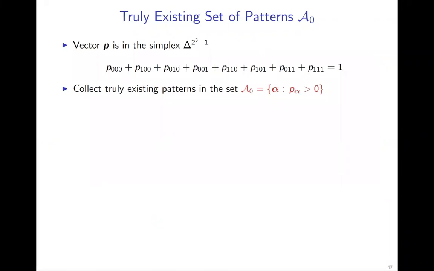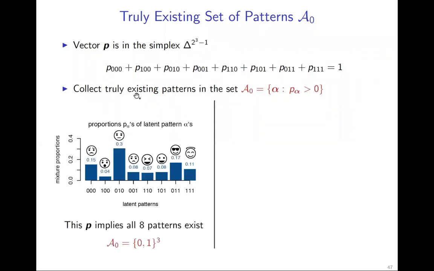Now I will introduce a notation, which is the set of truly existing latent patterns. It is also related to our attribute hierarchy graph. Recall this vector P is the population proportion vector for the latent attribute profiles, and it lives in the simplex. I will collect all the truly existing patterns, those with positive proportions, in the set script A0. If this vector P is dense, then A0 just equals the entire set of possible configurations.